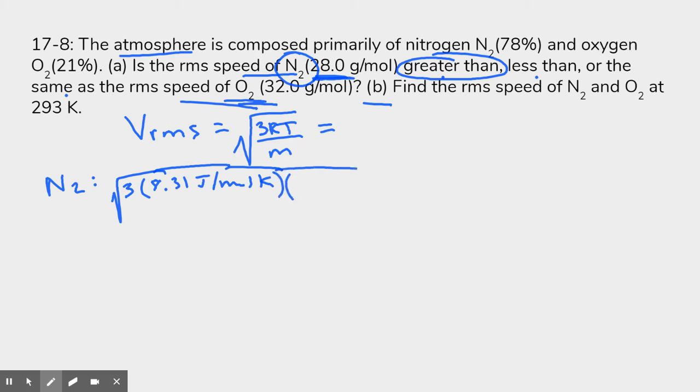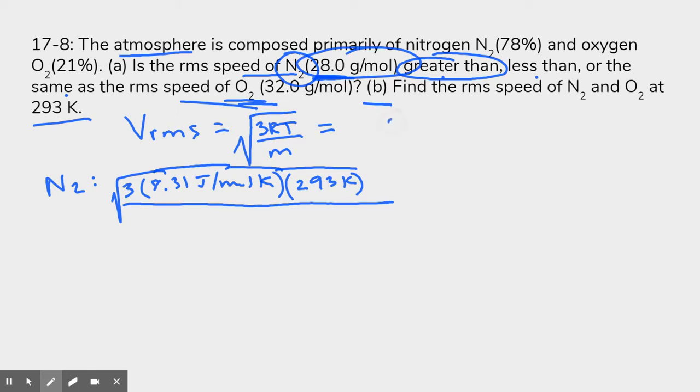Multiply it by our temperature, which it tells us here, 293 Kelvin. And then we need to divide it by the actual mass of the molecules.